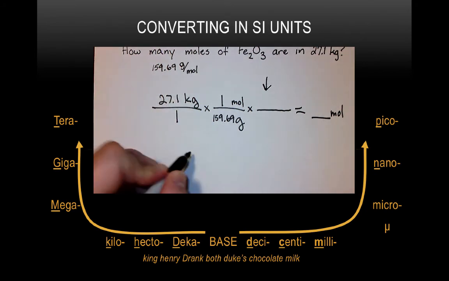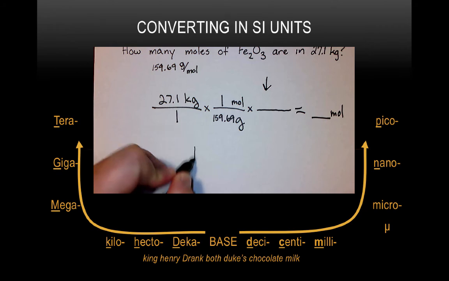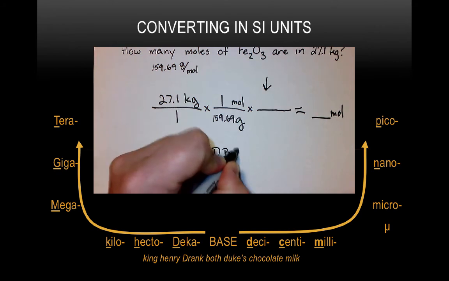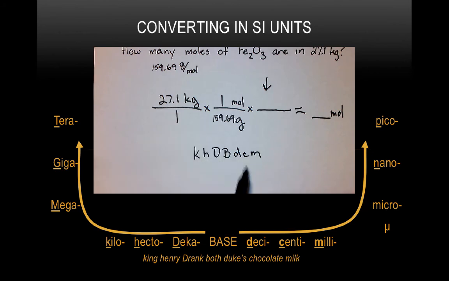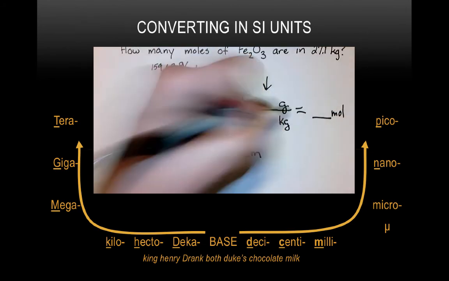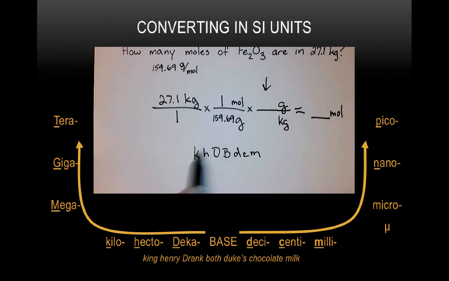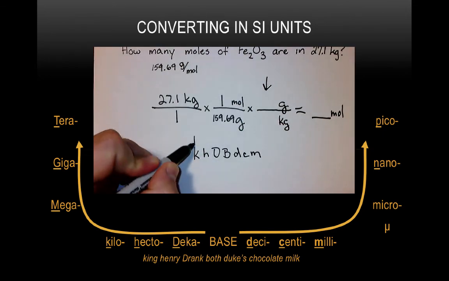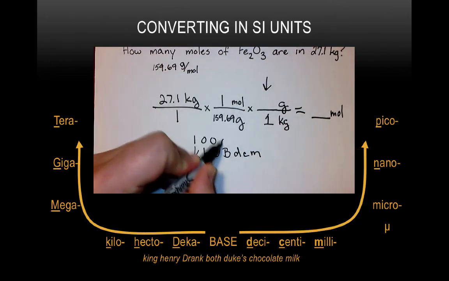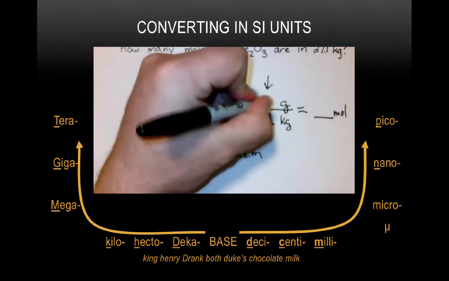So if I go through my prefixes, kilo, hecto, deca, base, deci, centi, milli, I'm wanting to get from kilograms to grams. So I go with my larger quantity. 1 kilogram is 1,000 grams.